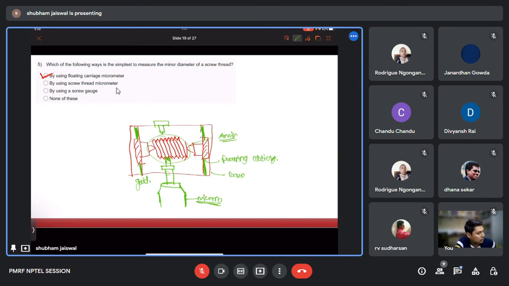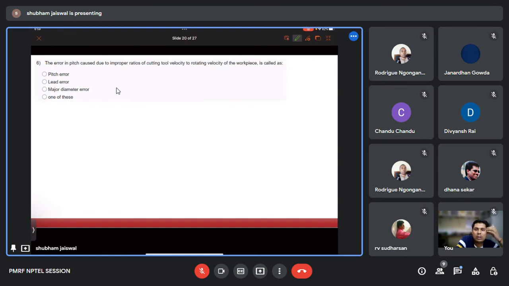Okay. So moving to the next question, the error in pitch caused due to improper ratios of cutting tool velocity to rotating velocity of the workpiece is called as pitch error, lead error, major diameter error, or none of these.